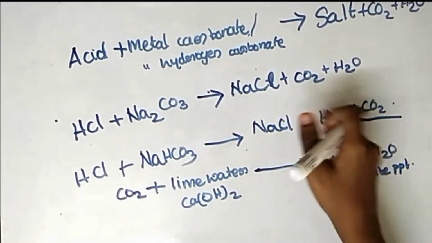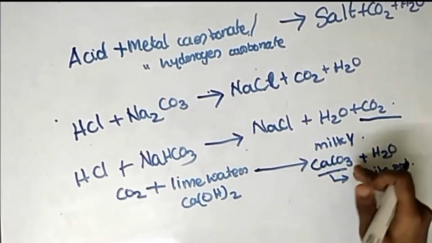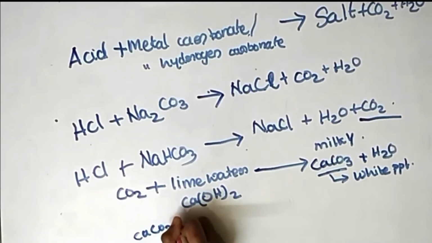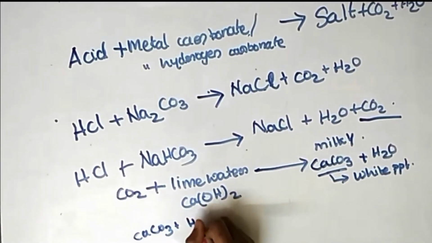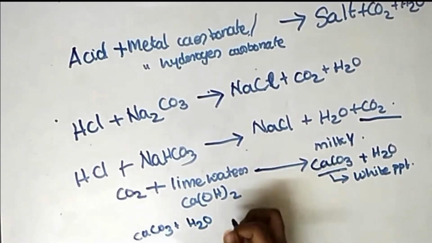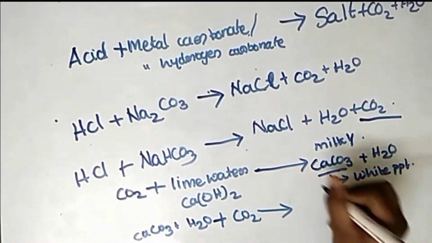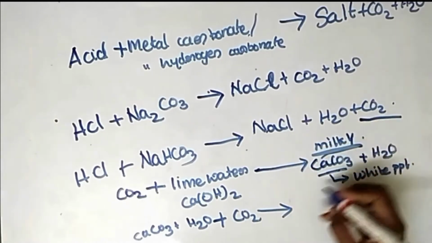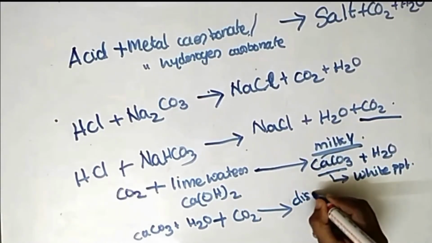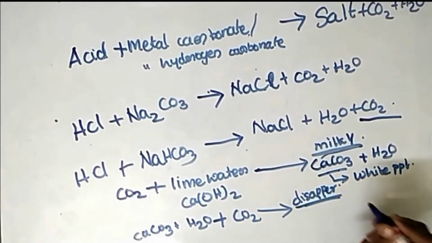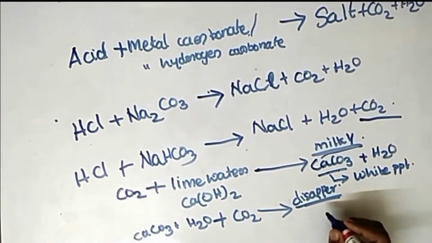If we again pass carbon dioxide through this, that is with the CaCO3, the milky lime water disappears. The milkiness disappears with the formation of calcium hydrogen carbonate.